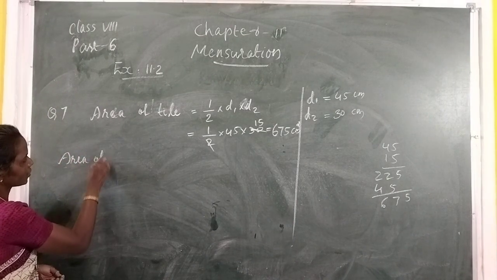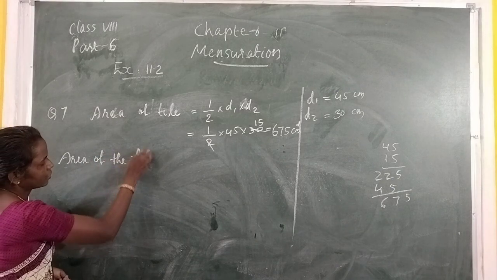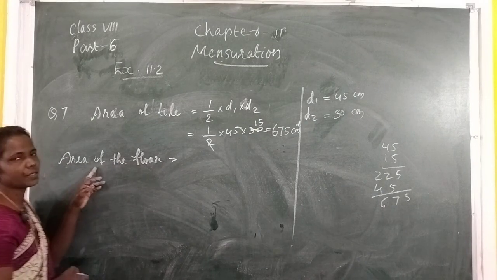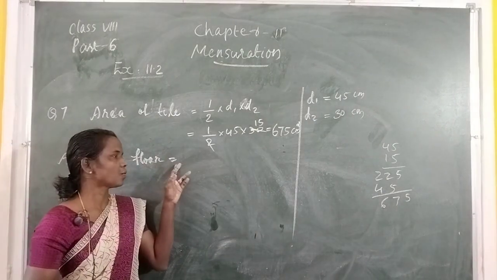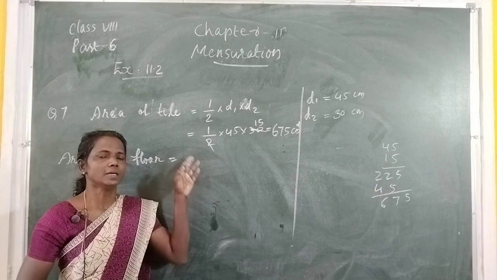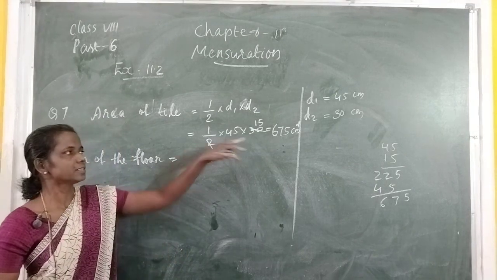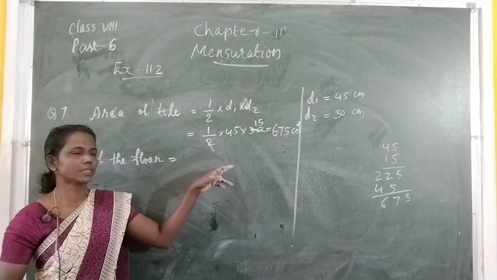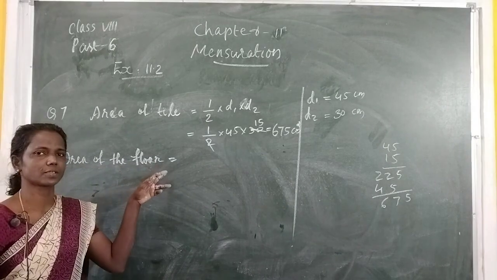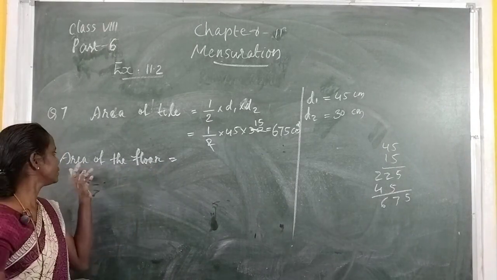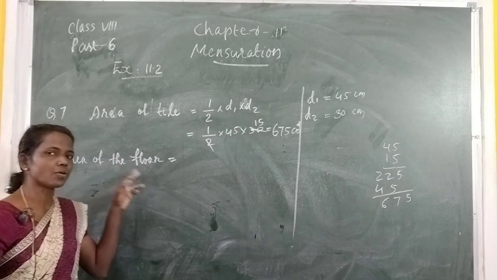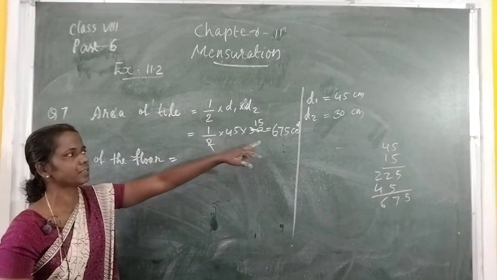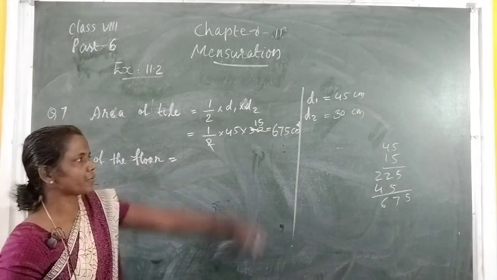Then what is the area of the floor? We know this floor consists of 3000 tiles. So the area of one tile multiplied by 3000 gives the area of the floor. Is it clear? The floor consists of 3000 tiles, and the area of one tile we found is 675 centimeter square.